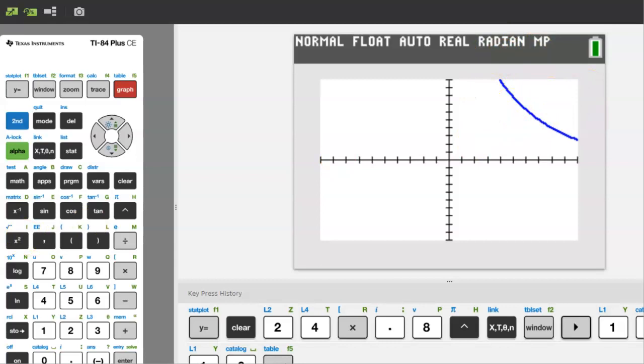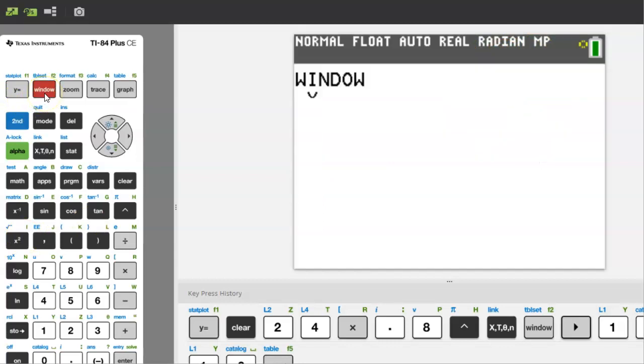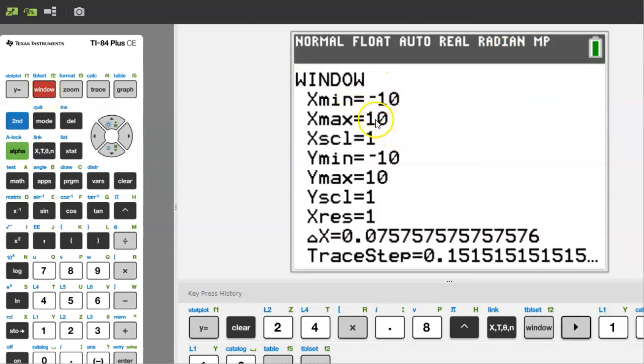So now we know that the y-intercept is 24. I did this on purpose because I wanted us to see how to change this if the graph doesn't look right. So we know that for the y maximum, we don't have to have negative 10 necessarily. Let's just do 0. There we go. And same with our y minimum.